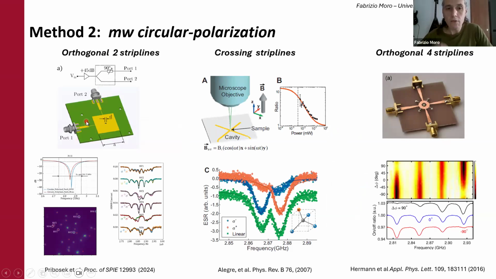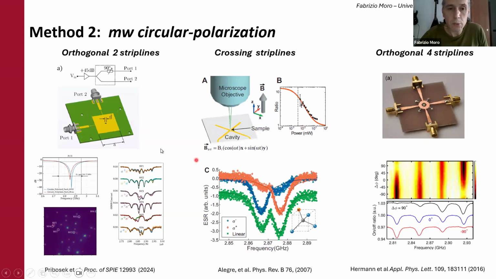And so you need to have a way to design carefully this strip line and make sure that they don't interfere either with the sample or with external factors like external electric field and noise. And so these are very sensitive and delicate devices.